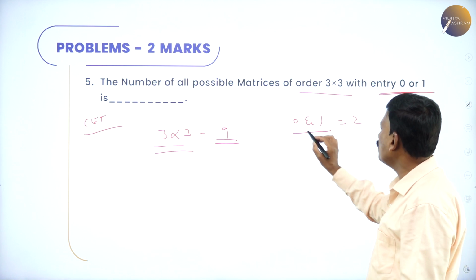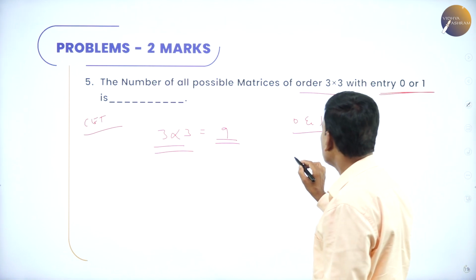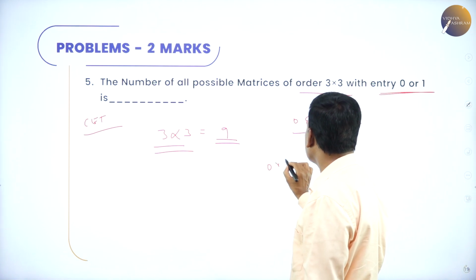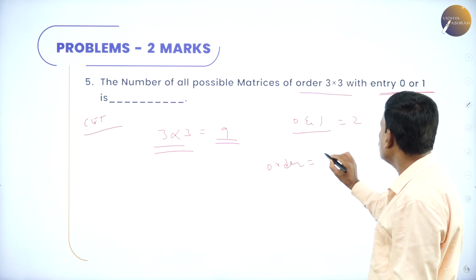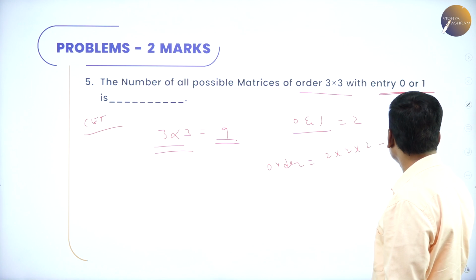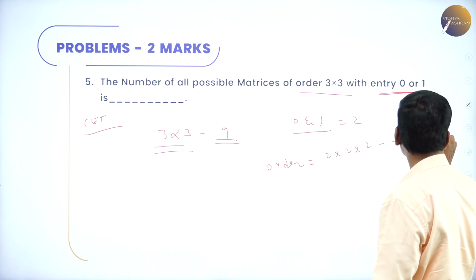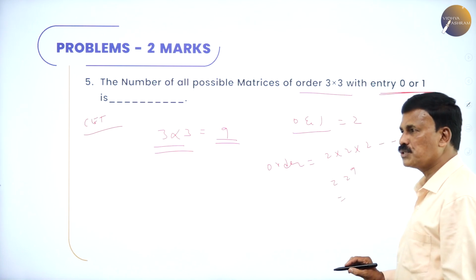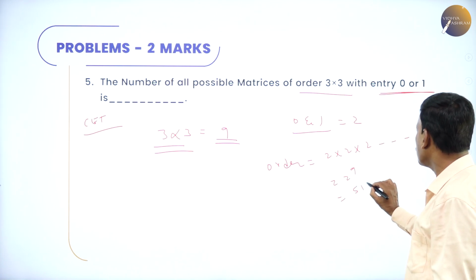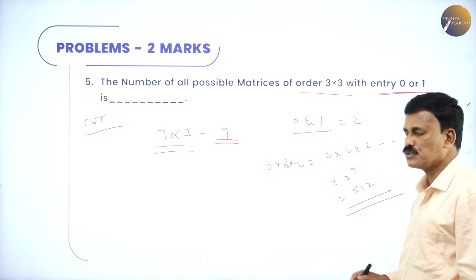So the number of possible matrices of order 3 cross 3 with 0 and 1 as the entries. There are 2 elements, 0 and 1. Therefore the possibilities can be written as 2 into 2 into 2, how many times? 9 times. So that is nothing but 2 to the power of 9, which can be written as 512.